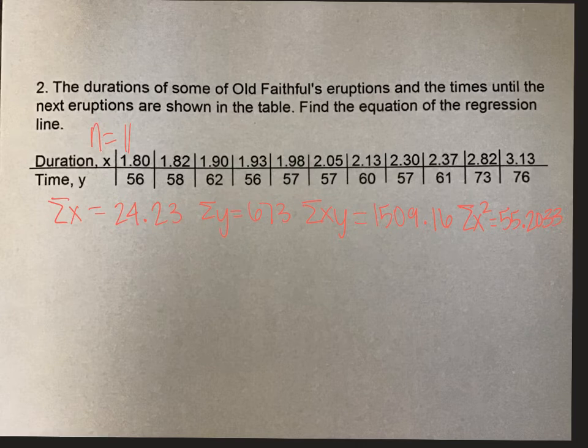So when I find that slope, I'm going to do my n value times the sum of x times y, minus the sum of my x's times the sum of my y, all divided by n times the sum of x squared minus the sum of x, squared.